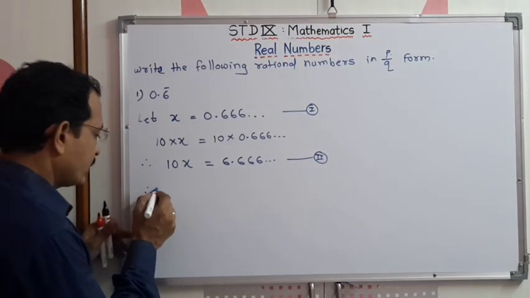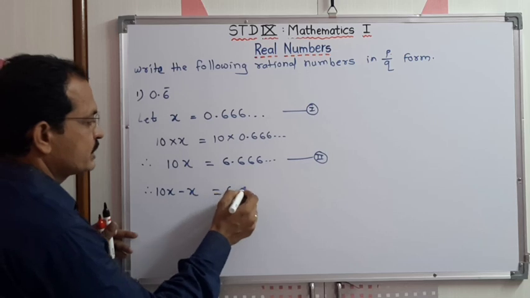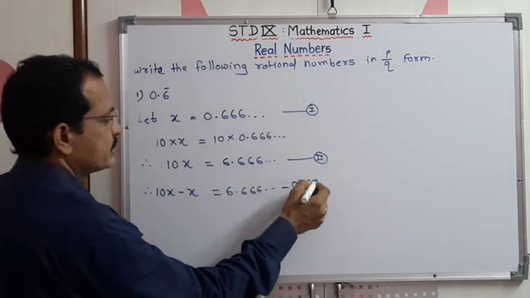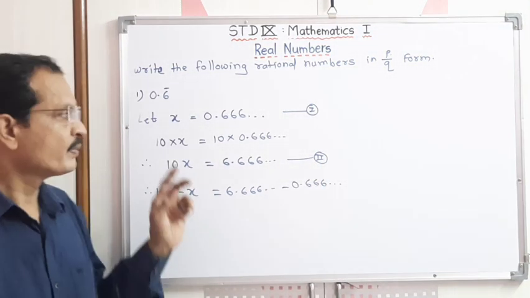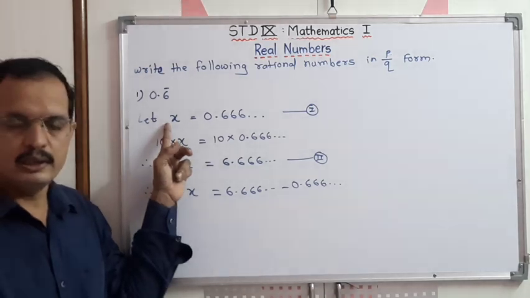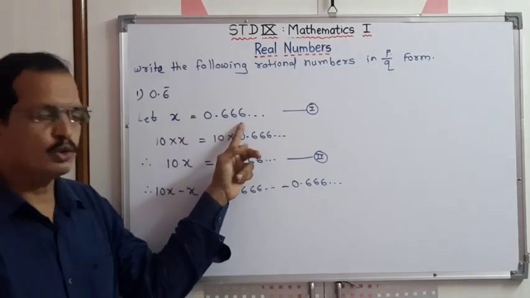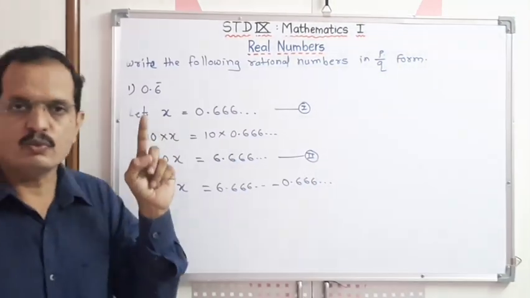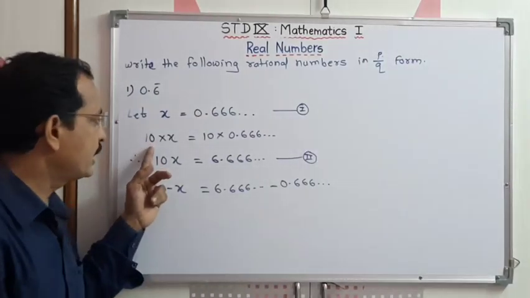Therefore we write here 10x minus x is equal to 6.666 minus 0.666 like this. Again, see here, first of all, let this P upon Q form be x is equal to 0.6, then this recurring is of one digit, therefore we multiply it with 10, then 10x.